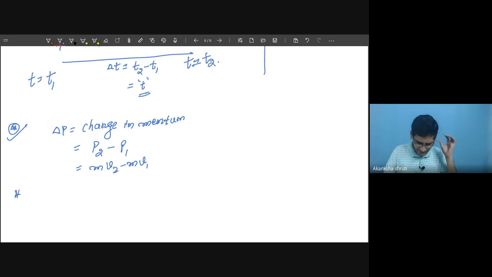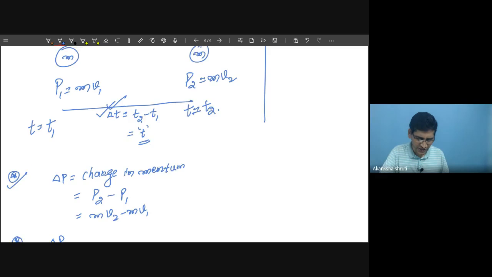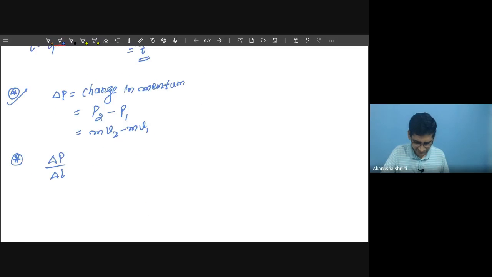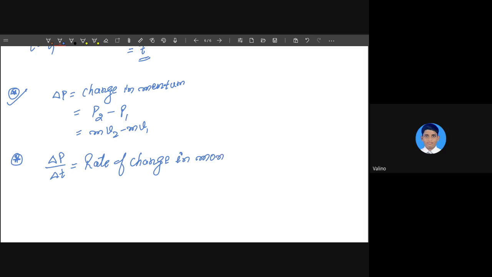Another one: if this change in momentum is divided by the time interval, delta t, this becomes the rate of change. Rate of change of which quantity? It is the momentum.